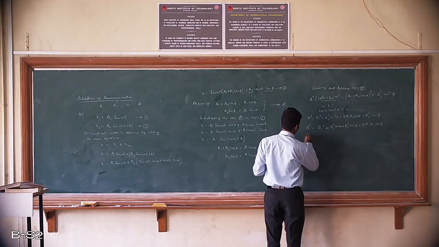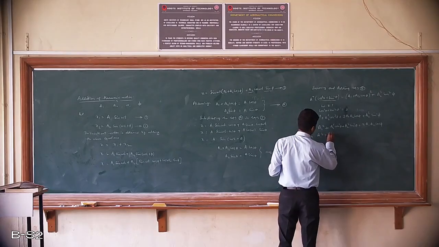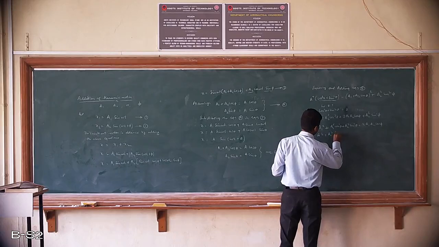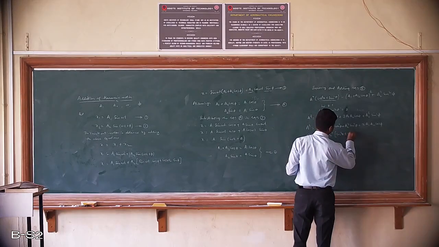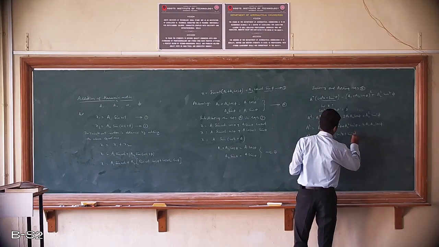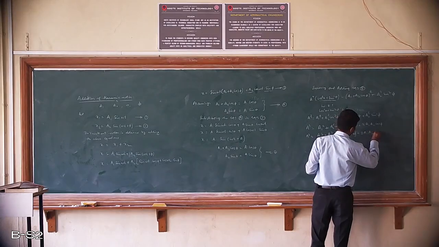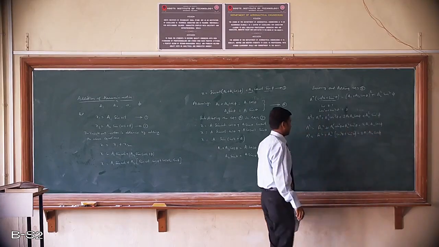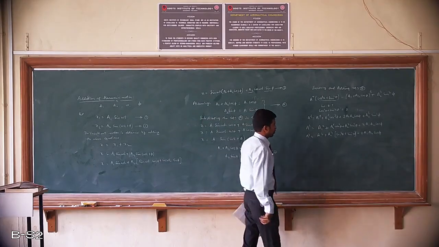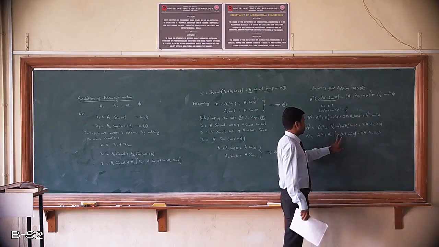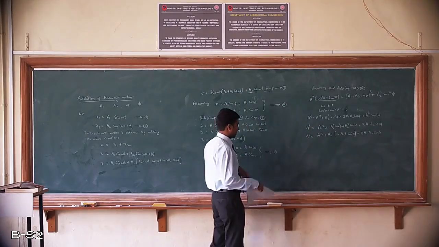So a square is equal to a1 square plus a2 square into bracket cos square phi plus sin square phi, plus 2 into a1 into a2 cos phi. I have taken a2 square outside and inside the bracket I have written cos square phi plus sin square phi. Once again, what is the value of cos square phi plus sin square phi? It is 1.